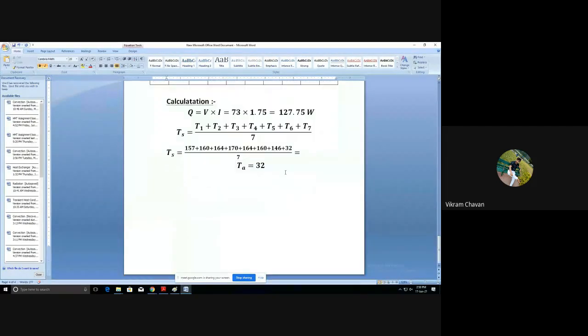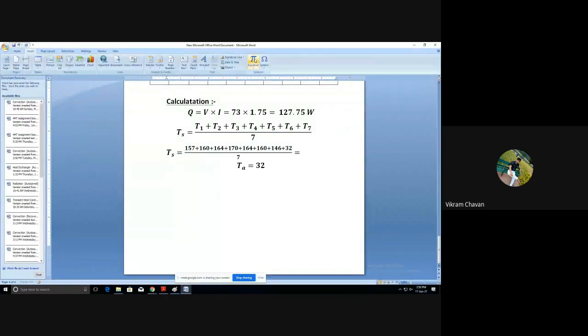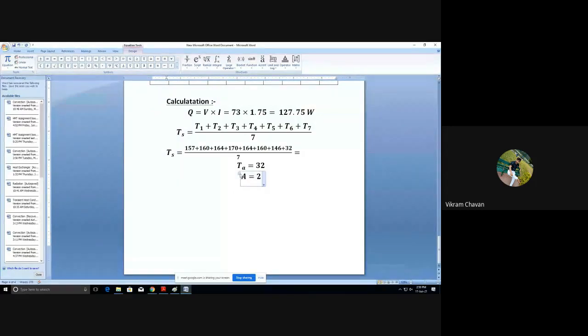Okay, area. How to calculate the surface area for the cylinder? 2 multiplied by pi multiplied by r l, or since we have the diameter, pi d l, where d is the diameter of the tube and l is the length of the tube.